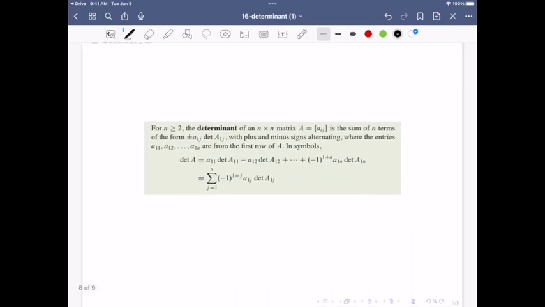Now we can define the determinant of any n by n matrix.